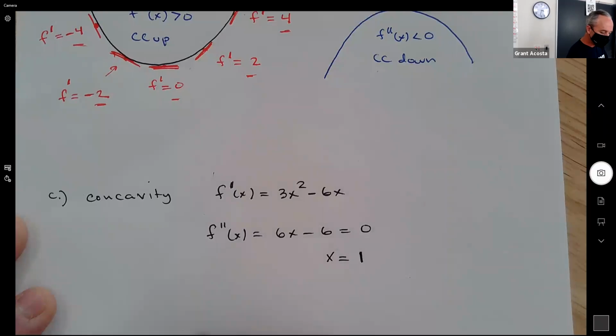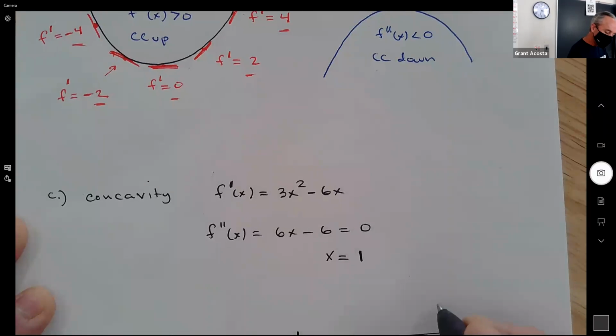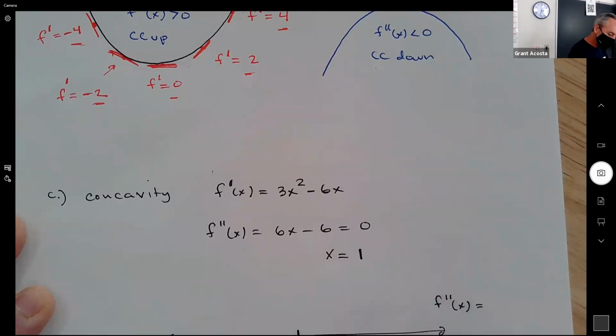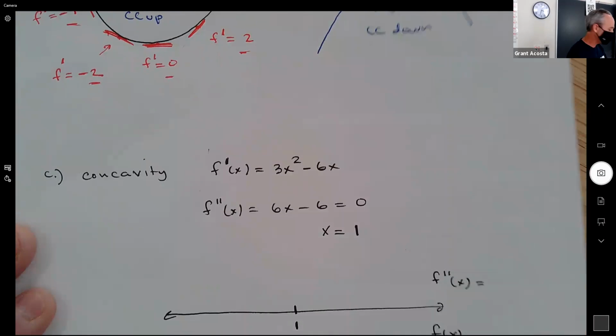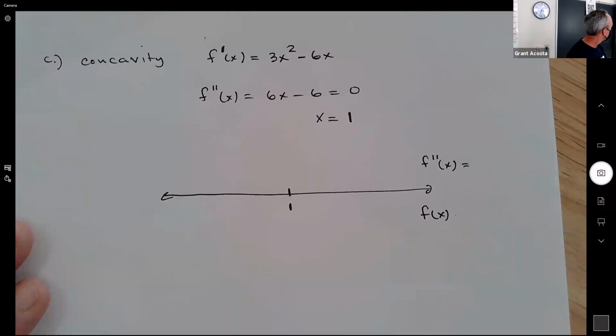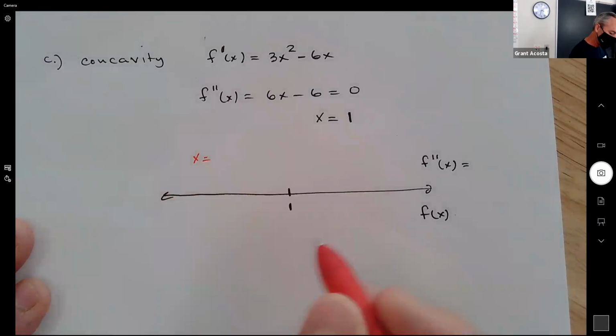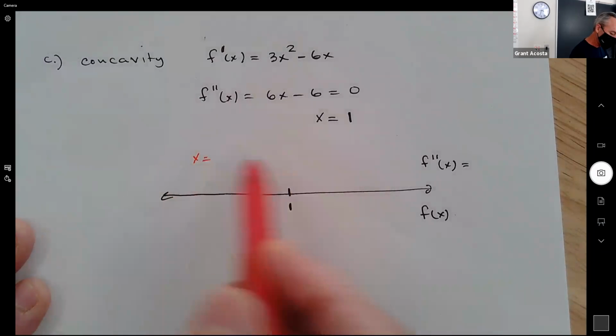But here's what we're going to do. The same exact process. When you find where your second derivative is equal to 0, we put it on a number line. Above the number line, we're going to collect information about the second derivative, and below the number line, we interpret what that is doing to the graph. So just like the last one, I need to pick a couple test numbers.